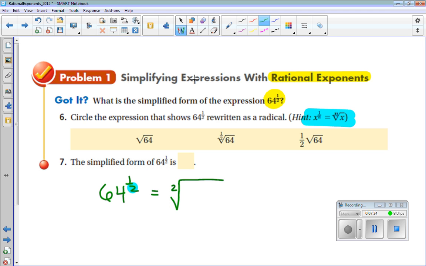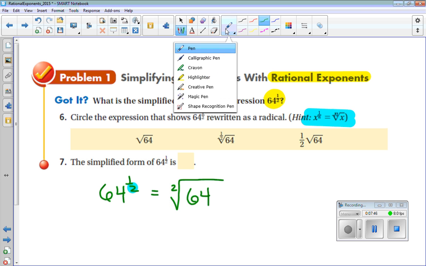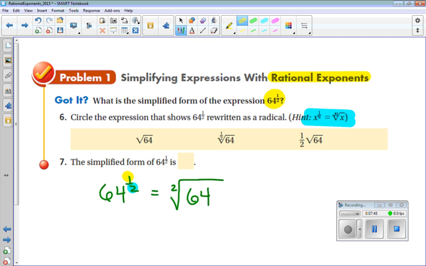You can write a 2 here, much like there was a 2 written there on your quiz, but you don't have to. It's assumed to be a 2 without it. And then the base goes underneath, raised to this power. Now I can write a 1. Do I have to write a 1? No, but I could. So the key here is the indexes are the same, the bases are the same, and the powers are the same.